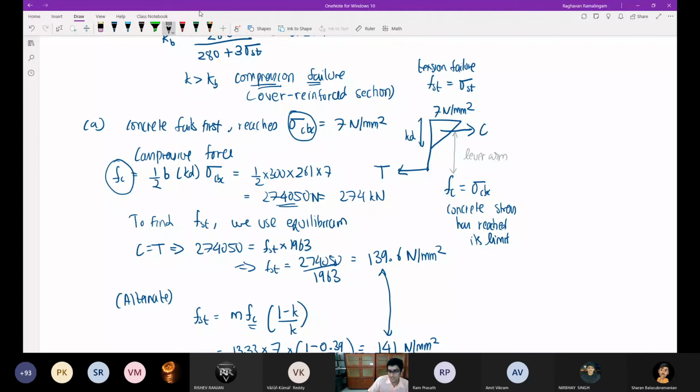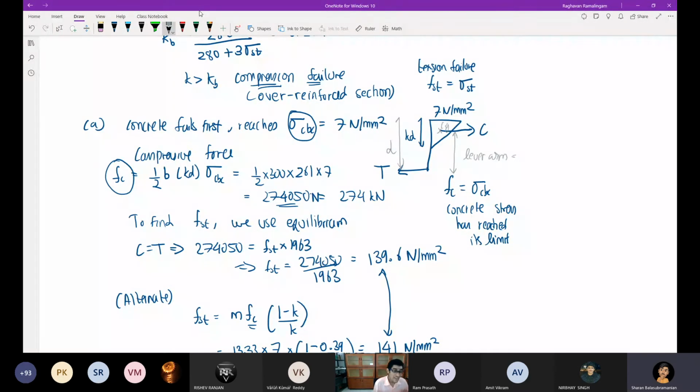How do you find this lever arm? By the way, this is the centroid of this triangle, and this whole depth is D. What is the formula for the lever arm? D minus KD by 2.